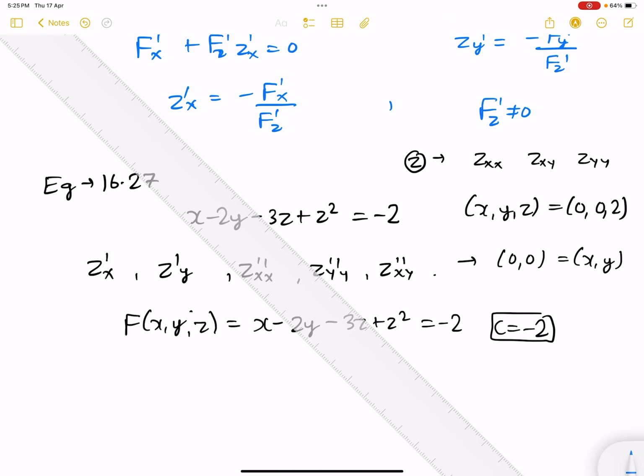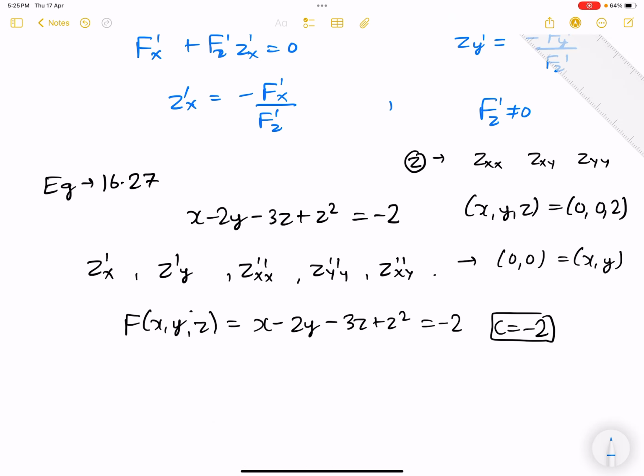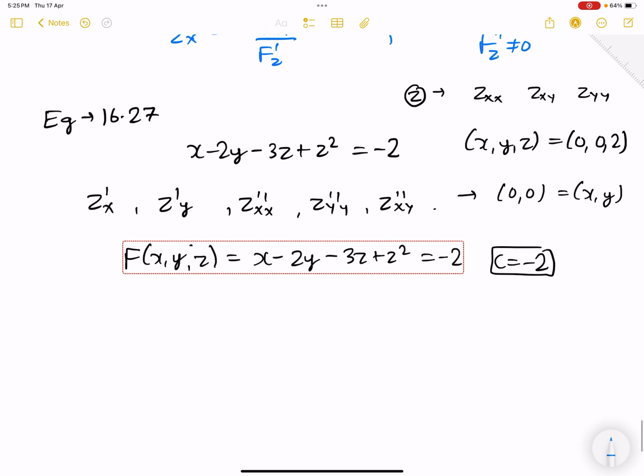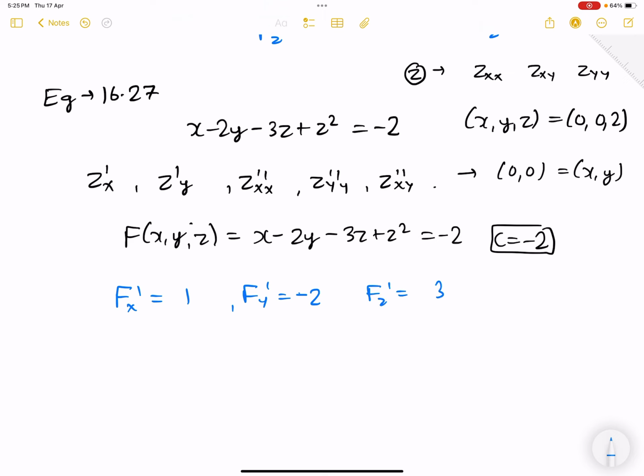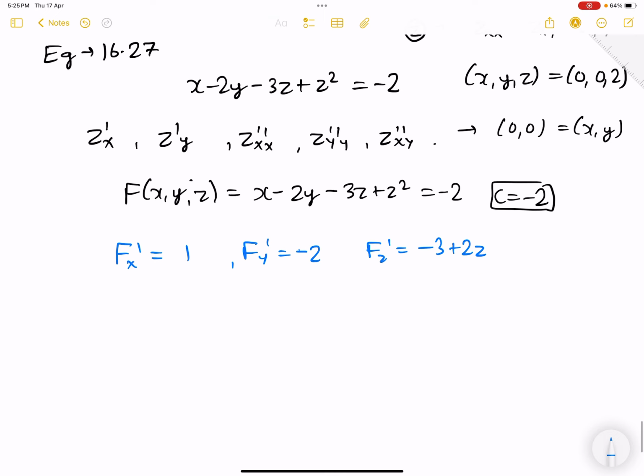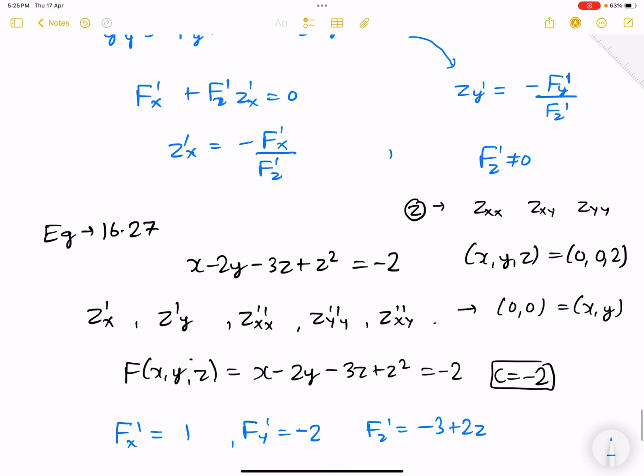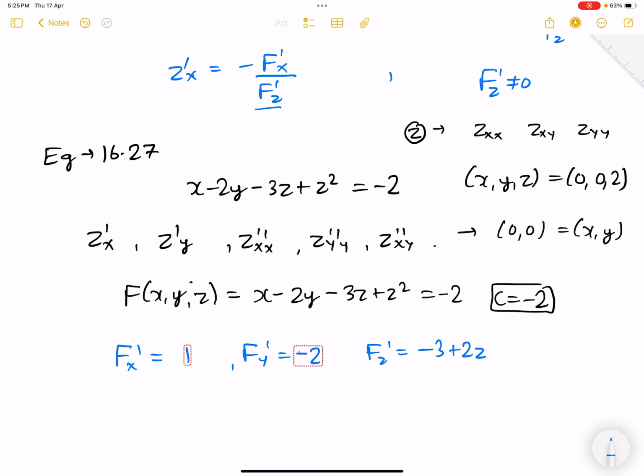Now moving forward, f'x will be 1, f'y will be minus 2, and f'z will be minus 3 plus 2z. The formula we wrote above cannot be used when f'z equals 0. So f'z should not be 0, meaning minus 3 plus 2z should not equal 0, which means 3 should not equal 2z, so z should not be equal to 3/2.